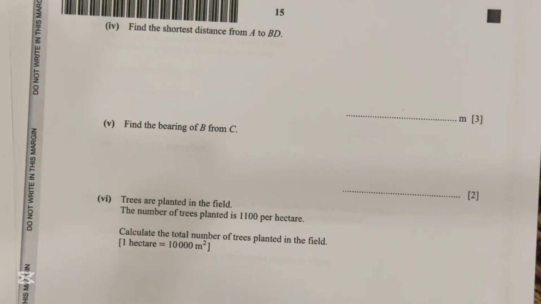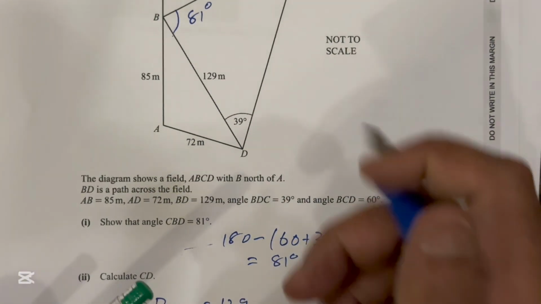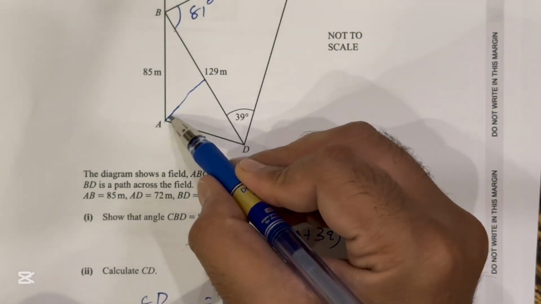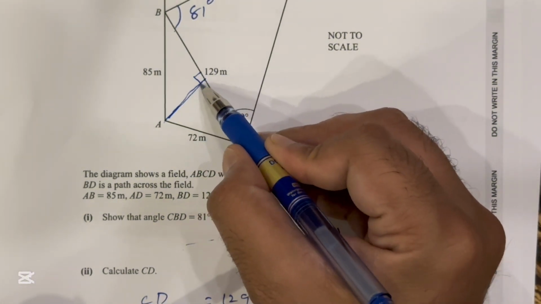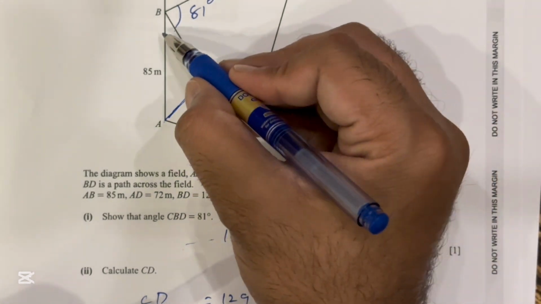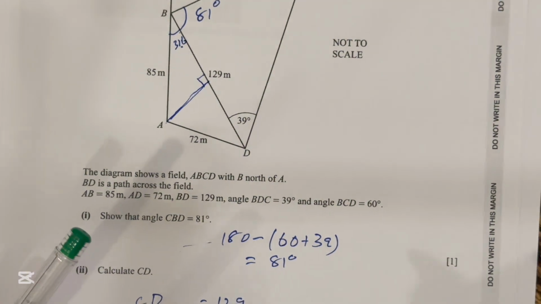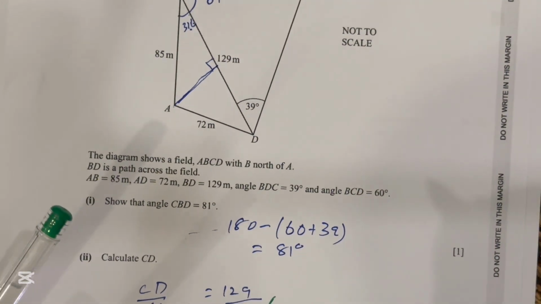Okay, moving to part 4. Find the shortest distance from A to B. Shortest distance means that should be a perpendicular distance, so it would make a right angle triangle like that. You have just calculated this angle that was equal to 31.6, so you can use simple trigonometry ratio because this is a right angle triangle.